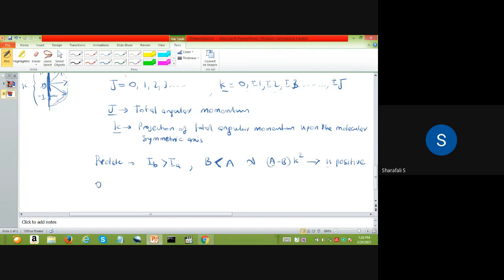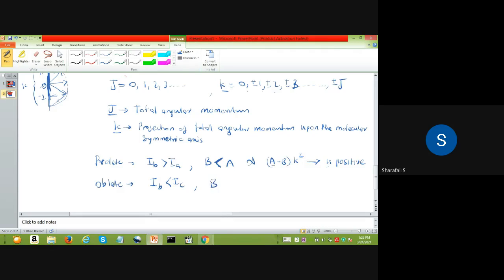Consider the oblate case. Here we have IC, and IB or IA, either one you can take, because IB equals IA in this case. So IB is smaller than IC for the oblate case; you can cross check that.